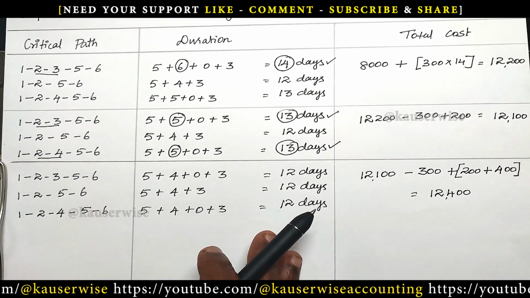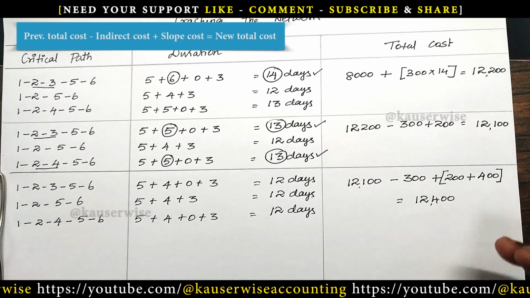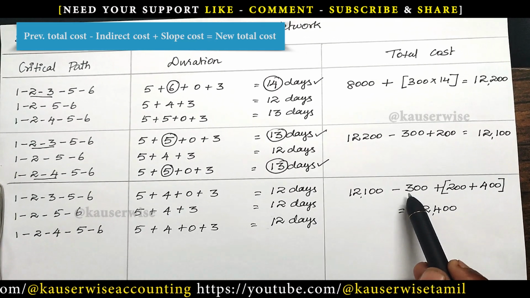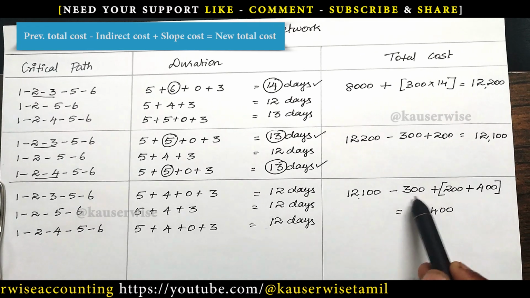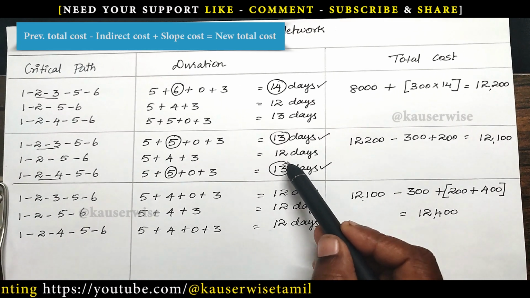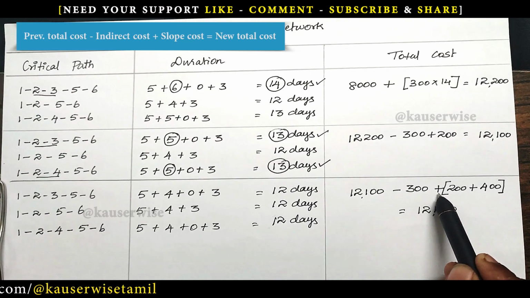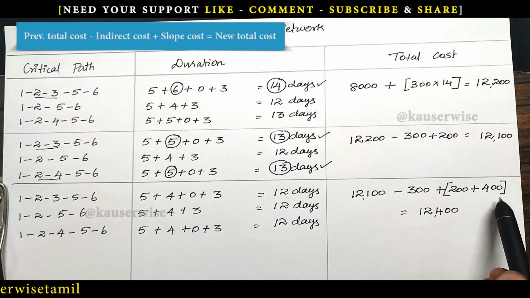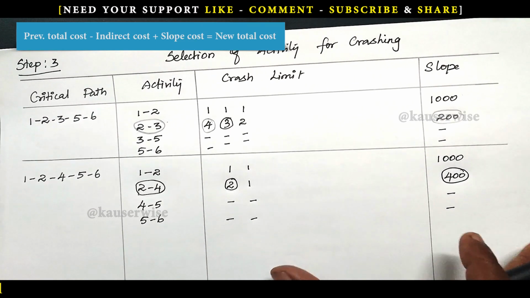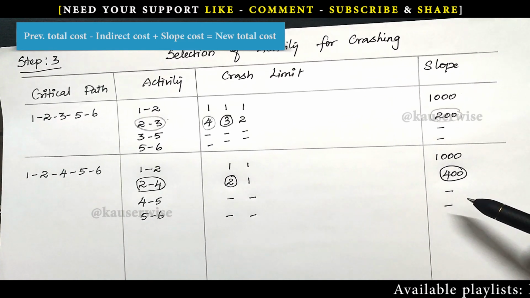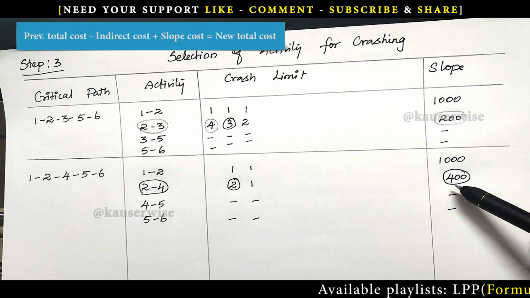In this stage, what is the total cost? The previous total of 12,100 minus 1 day's indirect cost, which is given in the problem. From 13 to 12 days, there is a 1 day difference, so minus 300, plus the extra cost. See the table of selection of activity for crashing. Here I have decided to crash two activities, in the first critical path as well as the second critical path.